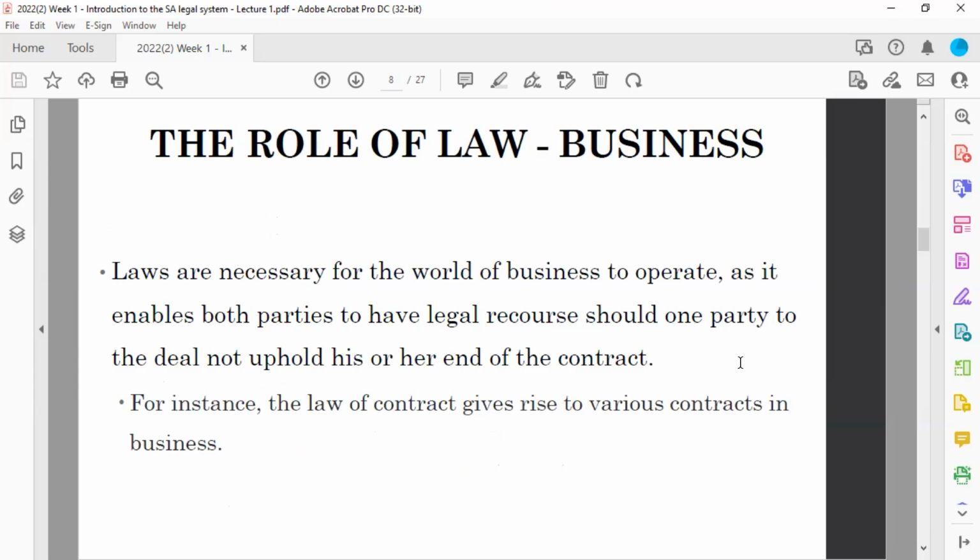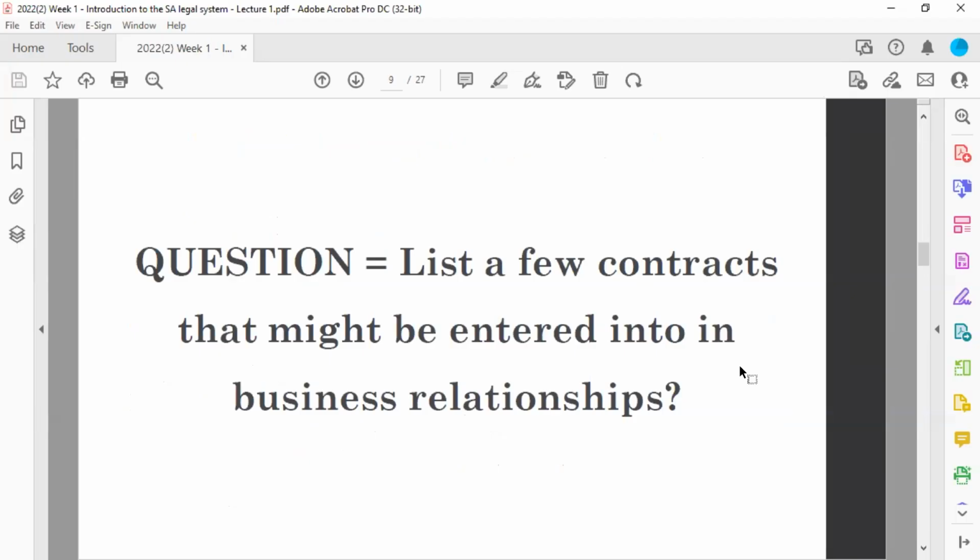Now, if we move away from this and ask how the law affects business relationships, how does the law affect commerce or commercial activity? Think of the contracts that you enter into daily or weekly that form part of the law.